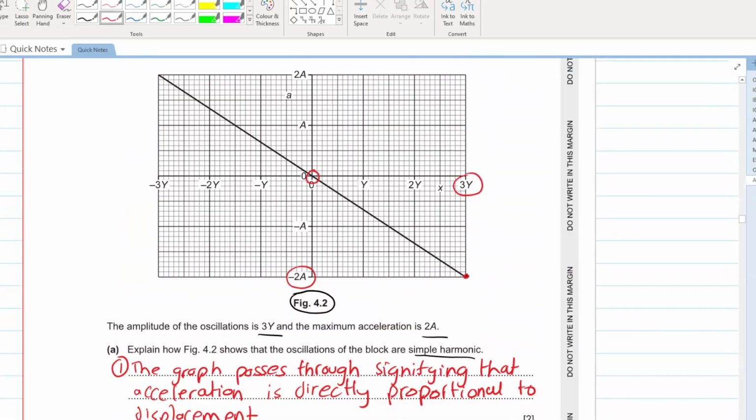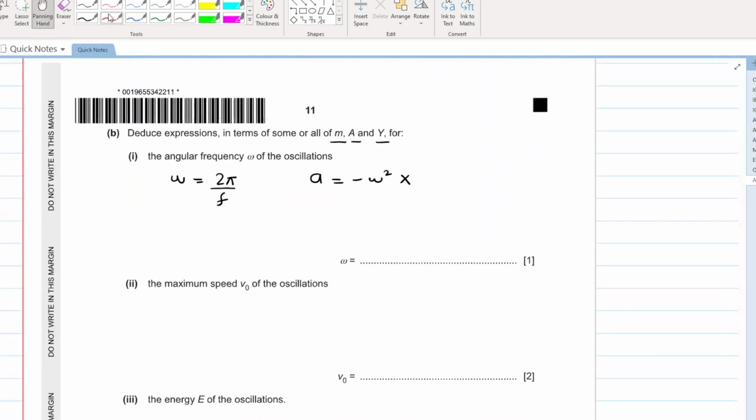Let's substitute this point. Negative 2a is equal to minus w square into 3y. Negatives cancel out. What will your answer be? Under root 2a divided by 3y is equal to your w. This is your answer for w.